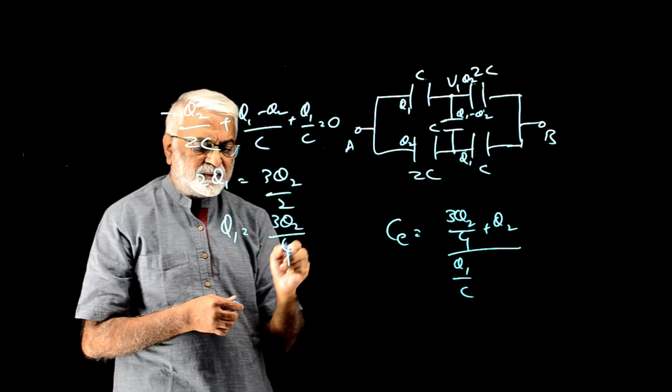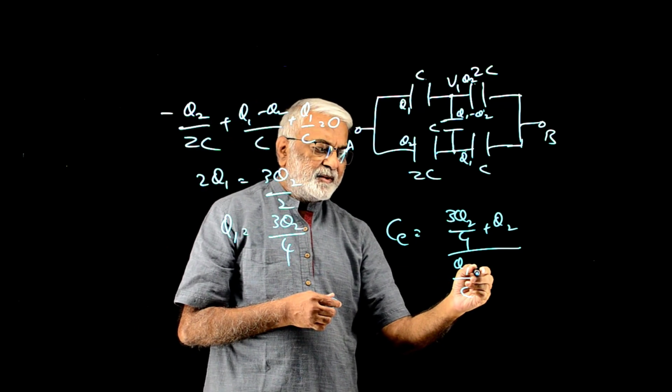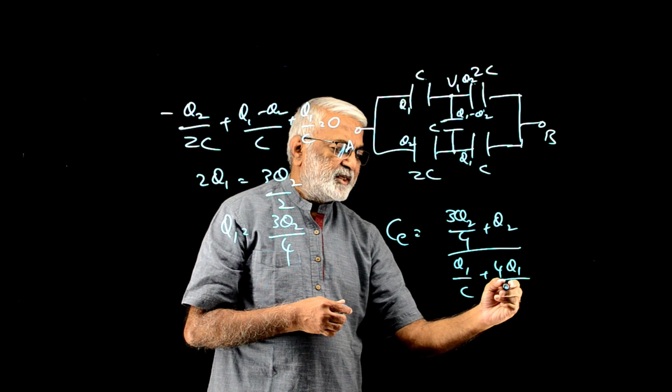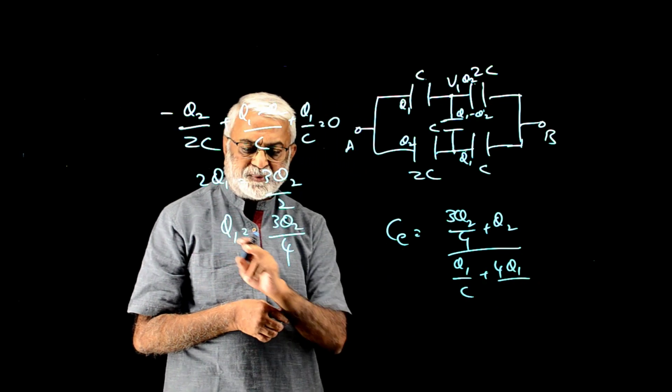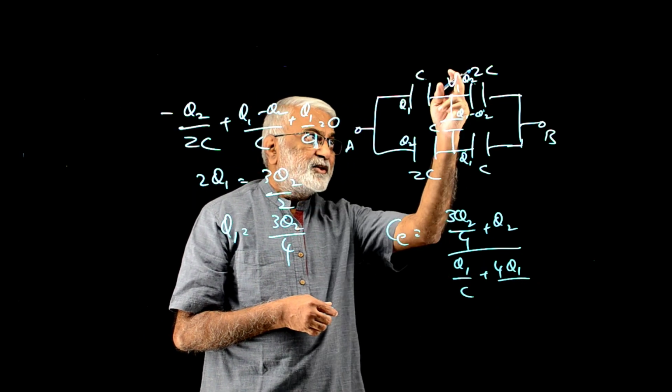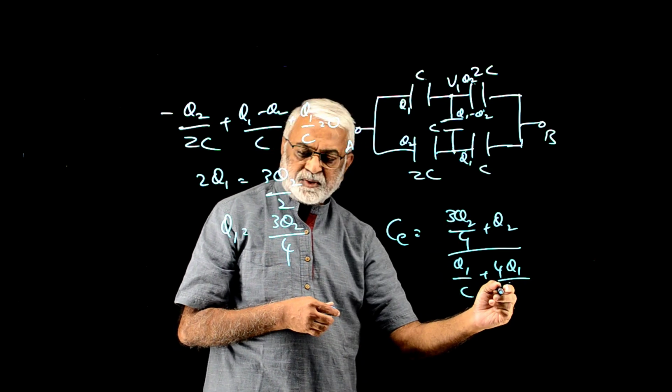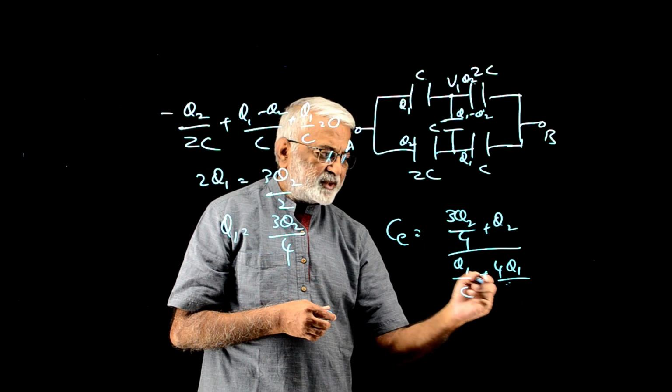Q2 is 4Q1 by 3, so plus 4Q1 by 3, and there is 2C there. So 2 and 2, 4Q1 by 3, 6C.